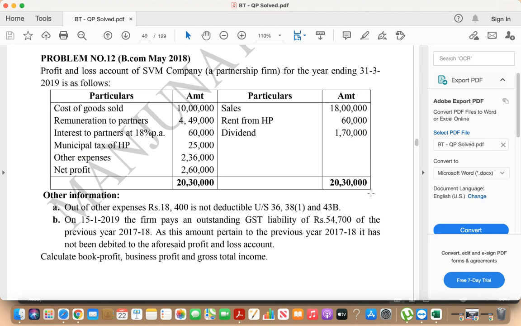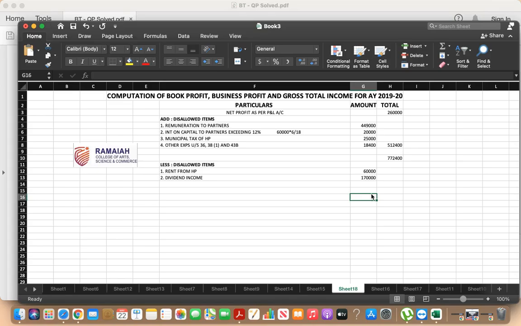We're done with all the items on the credit side. So the total will be 2 lakhs 30,000. Now this minus this, tell me the value. 5,42,400.